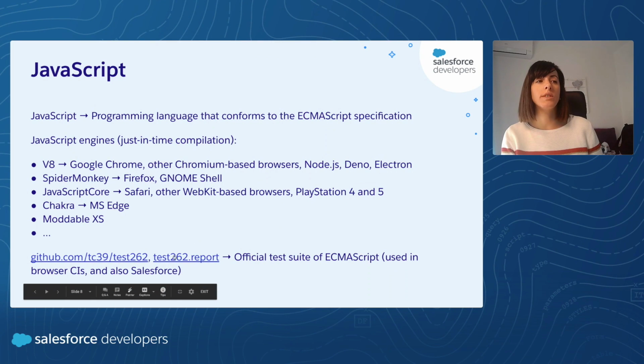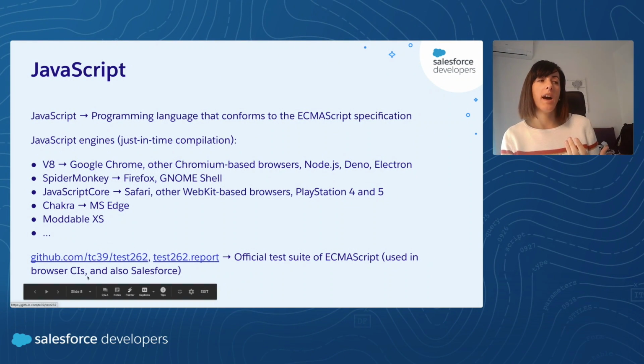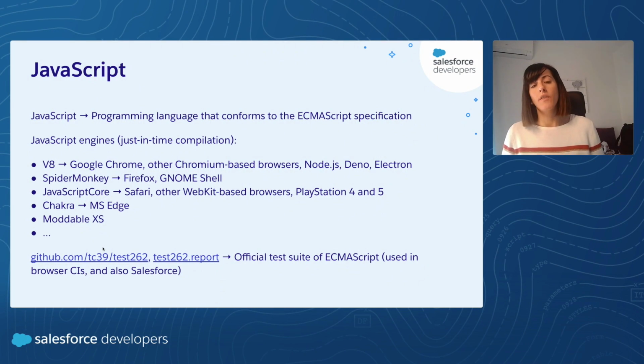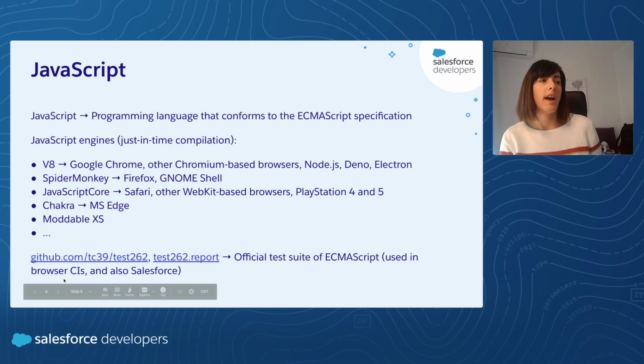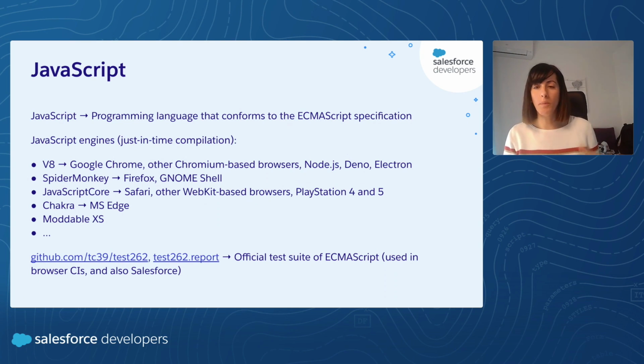This is a report that runs the conformance tests that the TC39 committee has for all the different features, and normally all the continuous integration processes for browser implementations run this set of conformance tests, and also Salesforce runs them internally to make sure if we are complying with those features or not, right?